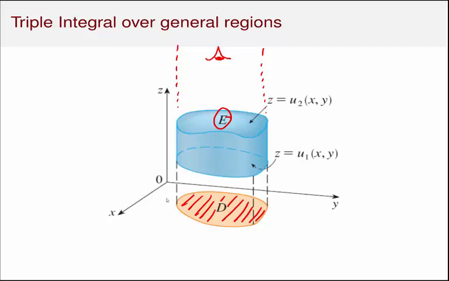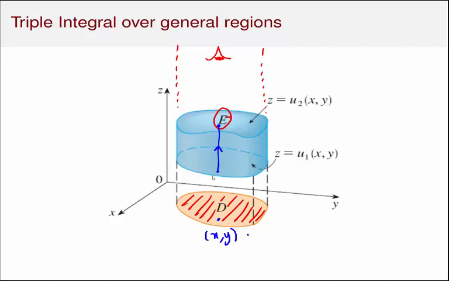And now the definition says, for any point that we choose from this region D, let's say this point here, given by x, y, then the region E must consist of all the points vertically above this point x, y, starting from the lower surface and all the way to the upper surface.